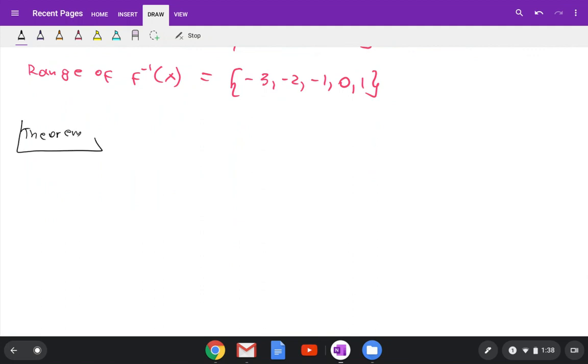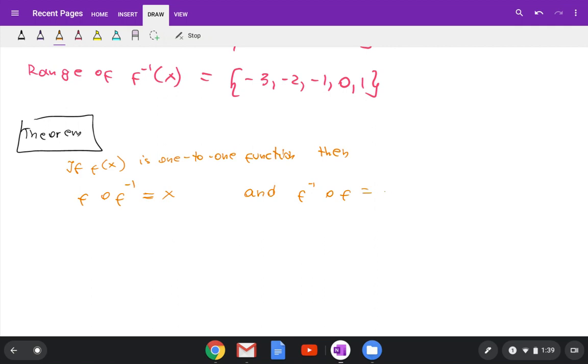So we have theorem. Okay. If f of x is one-to-one function, then composition f composed with inverse, it's equal x, and inverse composed with original function always give you x.